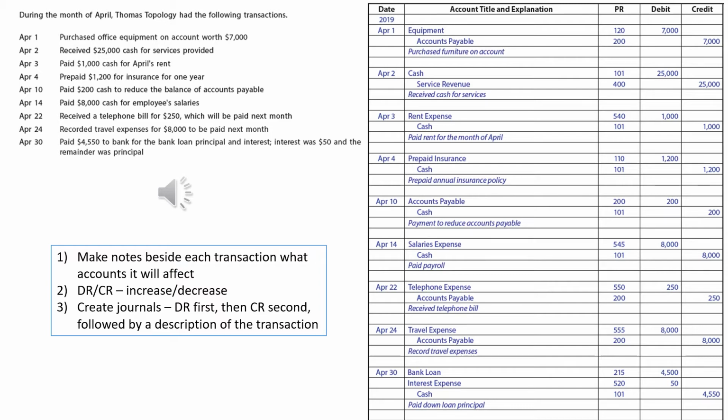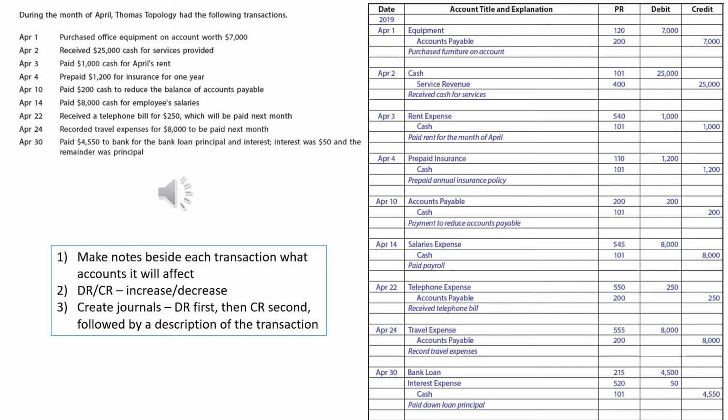April 2nd, you received $25,000 of cash for services provided. So again, you have cash in hand. Cash is an asset. You're increasing your assets. Therefore, it's a debit to your cash of $25,000 and a credit to service revenue. You're increasing your revenue for the same $25,000 for receiving cash on services.